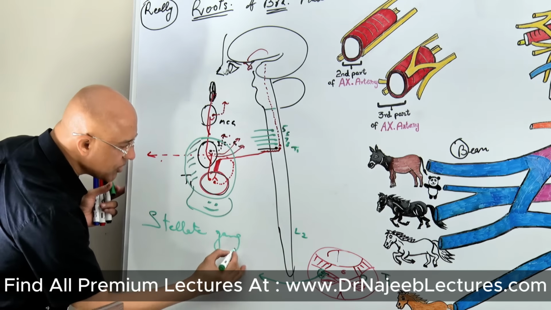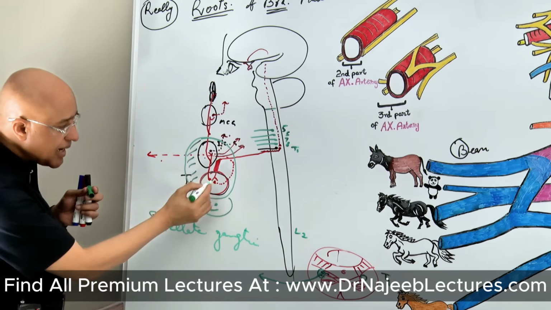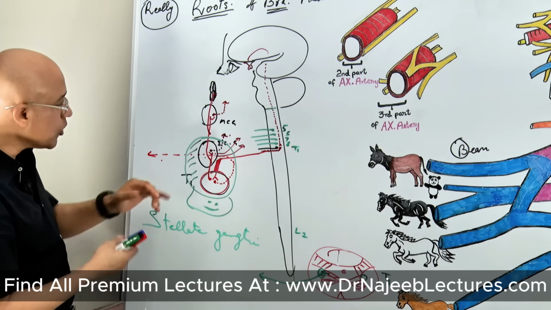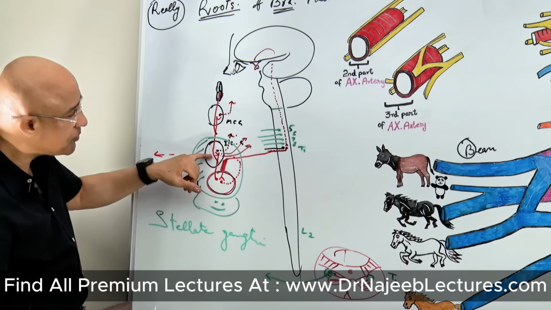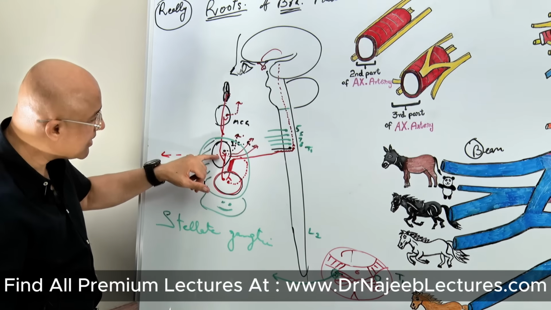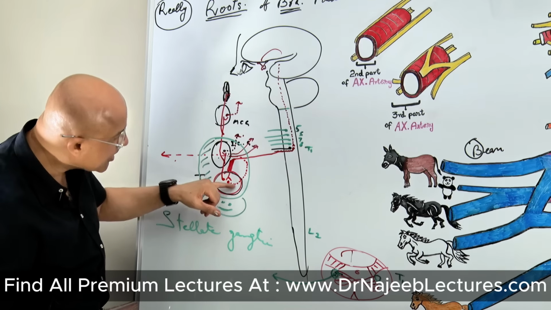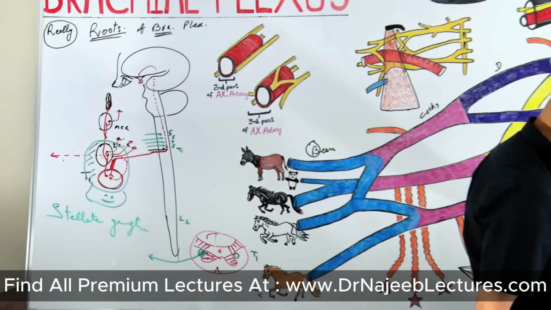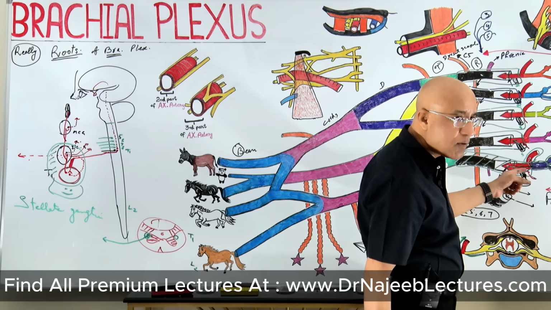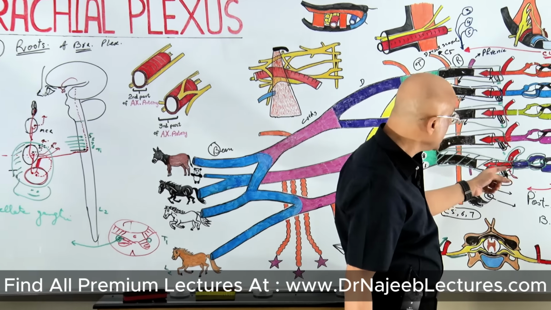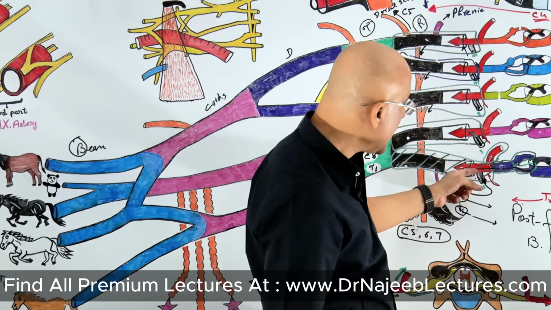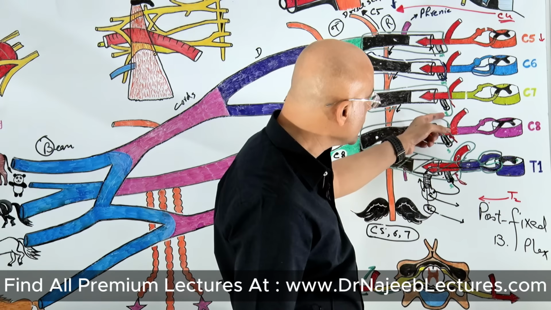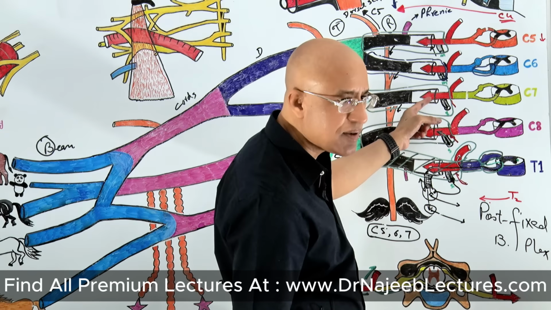In that case, we can say the gray rami from the stellate ganglion, which includes the thoracic ganglion and also the inferior cervical ganglion, give postganglionic sympathetic fibers to the ventral ramus or root of the brachial plexus at T1, the root at C8, and the root at C7.